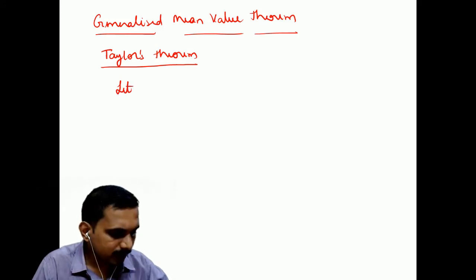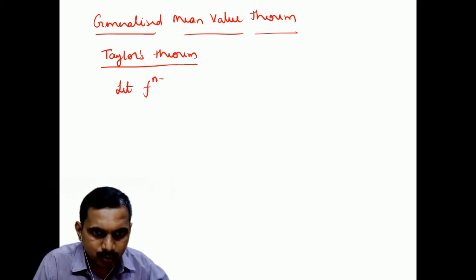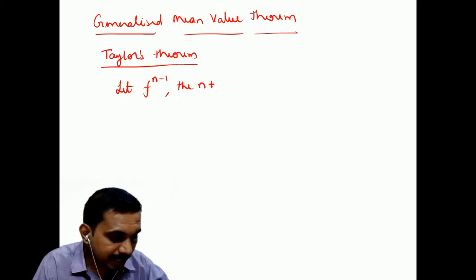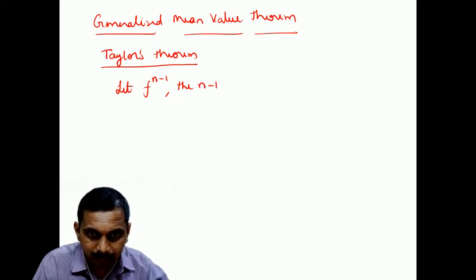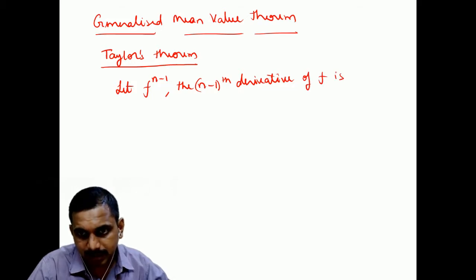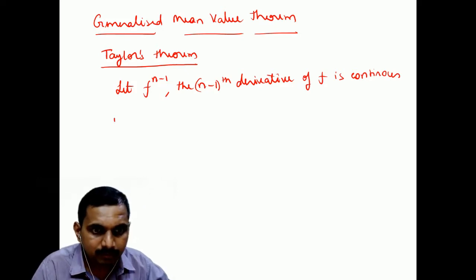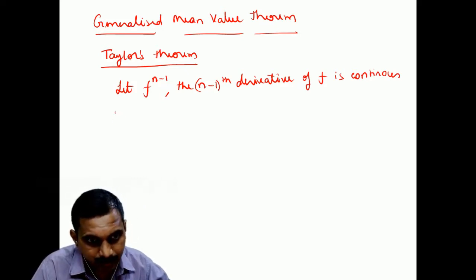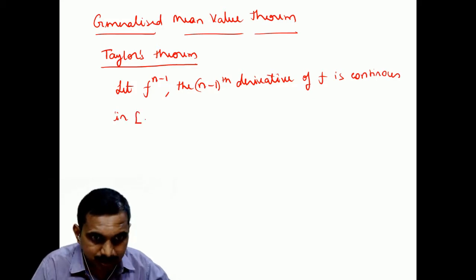Let f raised to n minus 1, that is the n minus 1th derivative of f, be continuous in the closed interval a comma a plus h.